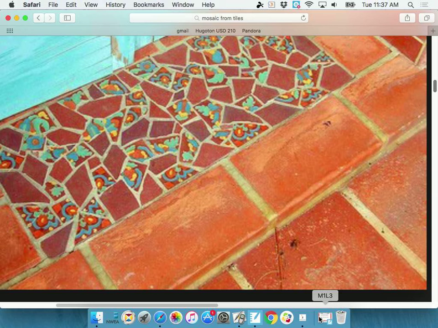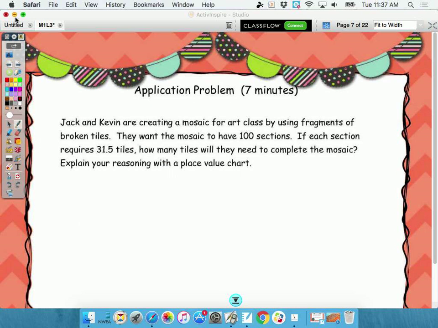They took probably square tiles, or maybe tiles that were rectangles like these, and they broke them apart, probably with a hammer gently, okay? And then the person, and it looks to me like it's kind of on a patio, the person glued them back on there and then made a design out of it. That's called a mosaic, okay? And our application problem today is about a mosaic.